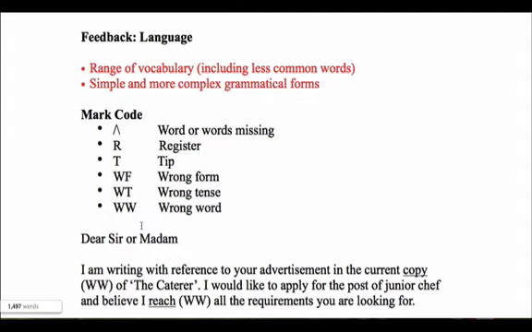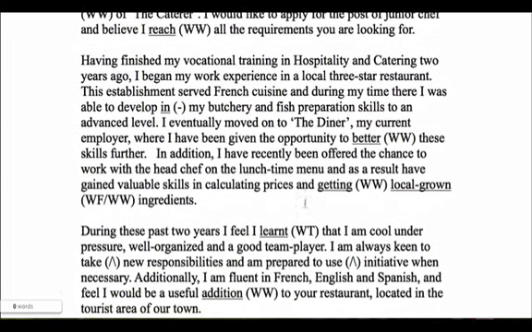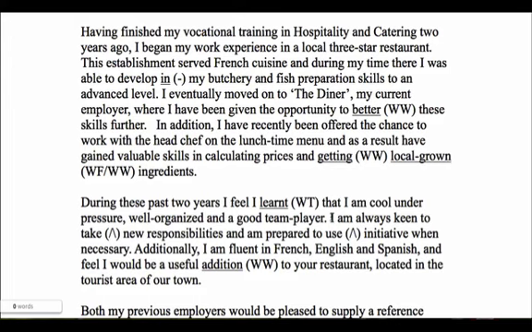If I go through them quickly, there's an upward looking arrow. If you see that in the text anywhere, and I'll try to find one for you to show you what I mean. Here we go. And am prepared to use initiative. So you can see just before initiative, I've put a bracket with this upward arrow. This suggests there's a word missing.